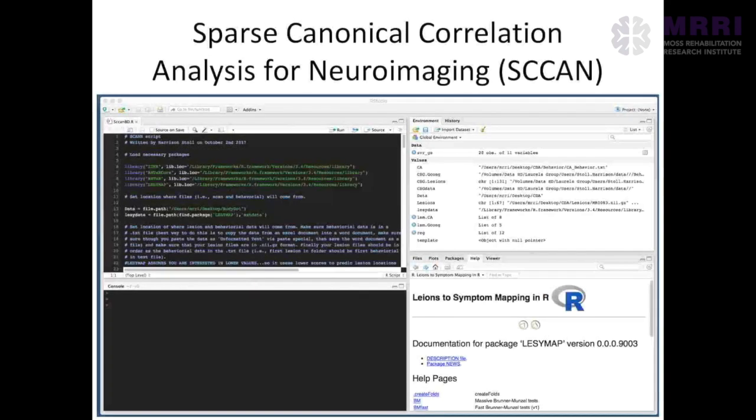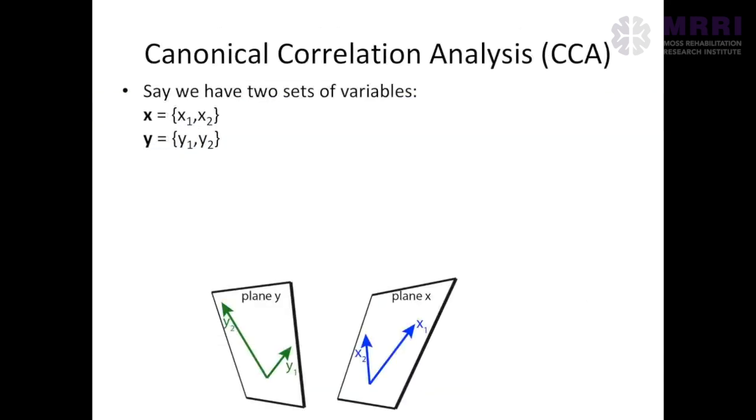So, SCAN is run in R. For those of you who are anti-MATLAB and like R, you will probably like this approach better. But it is the less used approach, I think, largely because people have a hard time wrapping their heads around what's going on. So let me try to give you some intuition about how this works.